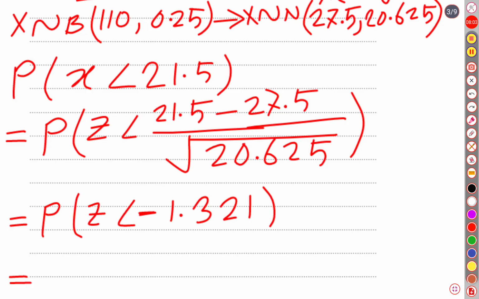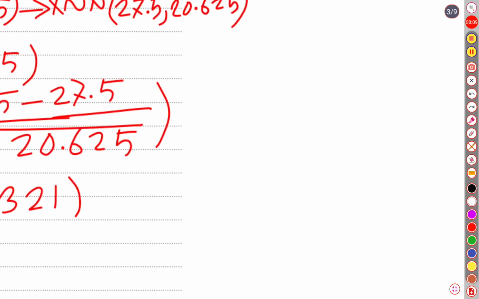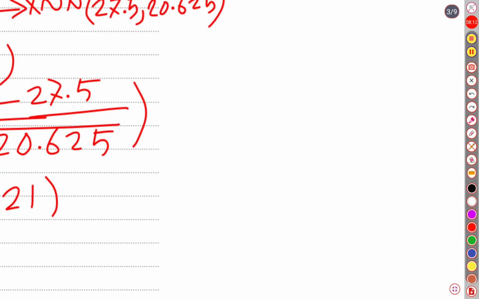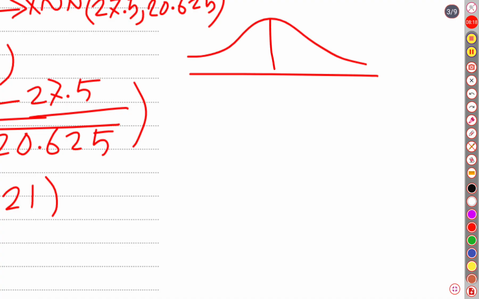But before that, let me show you something else. Look at this. Suppose this is our normal distribution curve, and you know the normal distribution curve is always symmetrical.